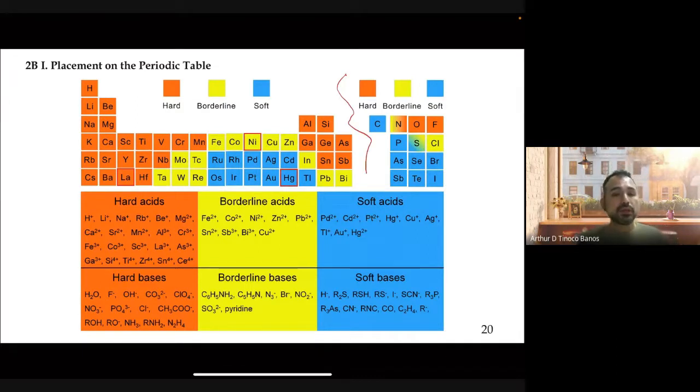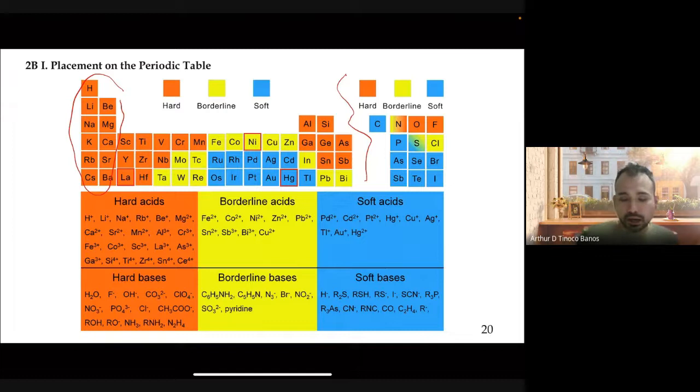But then we can further characterize things in terms of their hardness, and you will see that it can be a little bit difficult. As I was mentioning, you have these two columns, the alkali and alkaline earth metals, that are hard, but this hardness, as you go down the columns, becomes less so. As you reach the lower ends of these columns, they will be more in the intermediate region.